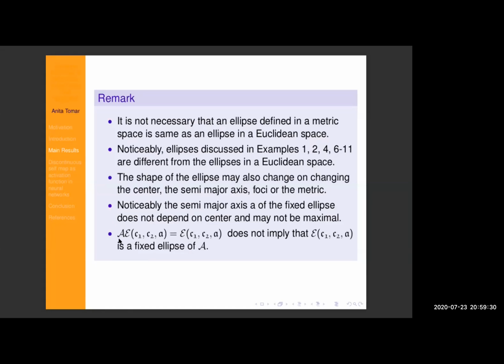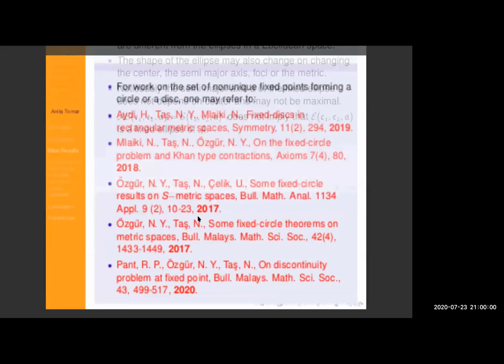And if this condition is satisfied, it does not mean that this is a fixed ellipse. E(C1, C2, A), the ellipse having foci at C1, C2 and semi-major axis A, is a fixed ellipse only if, as we have defined, AW equals W for all the points W belonging to the ellipse.